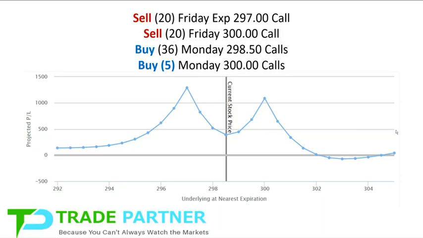How do you project the debit or credit for a specific trade that will be placed on the next day? I base it on a market movement projection and a volatility drop projection or increase projection, whatever the case may be. I'll go into that further in more detail, but what you can do is look at the variations between the spread that I just gave, a 295 and a 295.50.